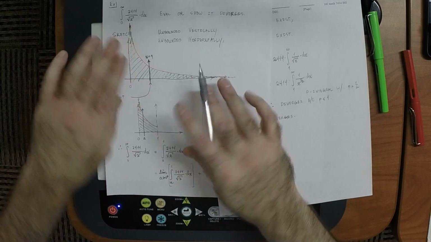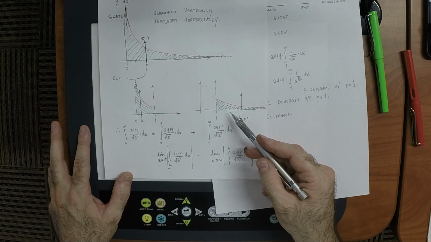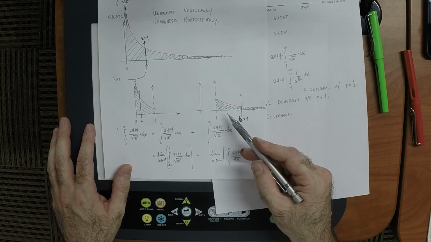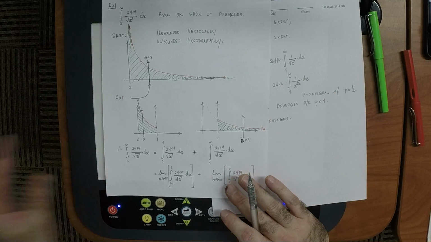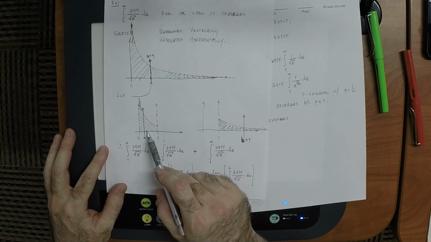So we take this shape and we cut it into two pieces and then we conclude, well, actually this piece has infinitely much paint. It has infinite area, so it requires infinite paint. So is it clear that in fact the whole thing also is going to require infinite paint? Yes? Could you have started with the first half? Yes, you could have.